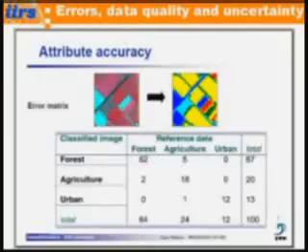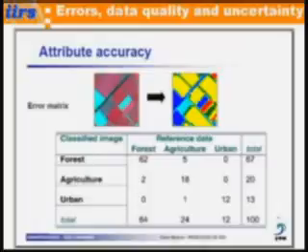When you classify an image, suppose this is satellite data, you convert it into your classified output. These are the classified features like forest, agriculture and urban. Reference data also has the same type of information.